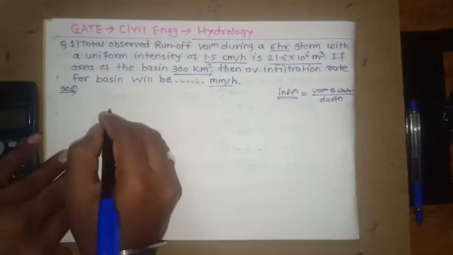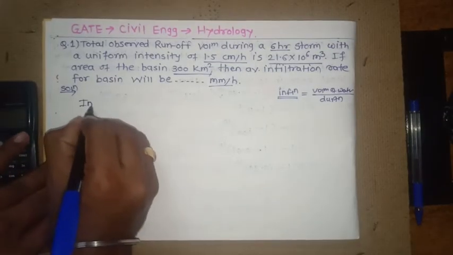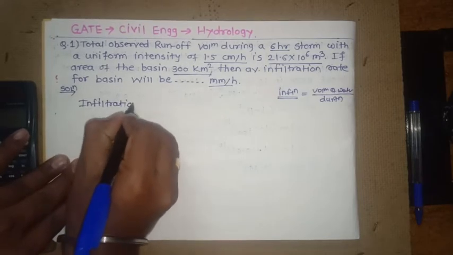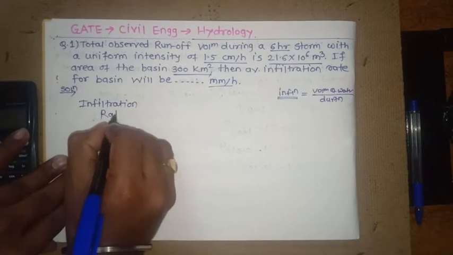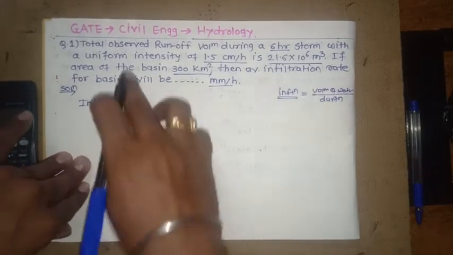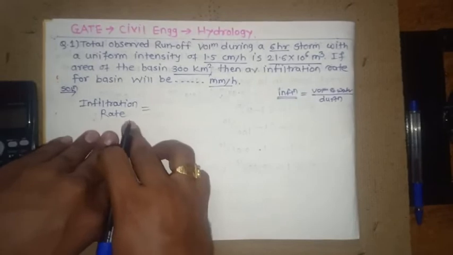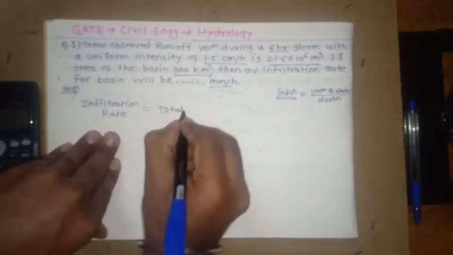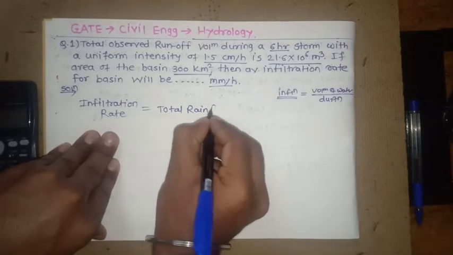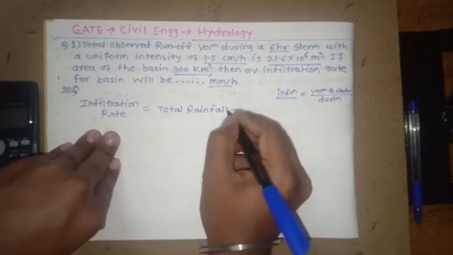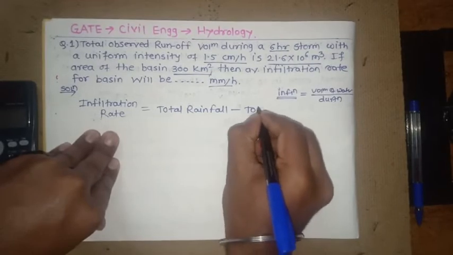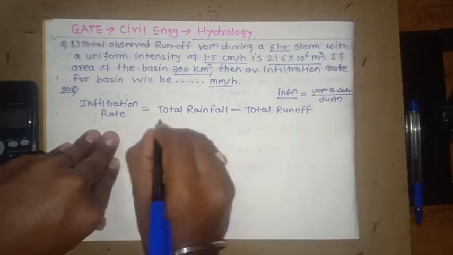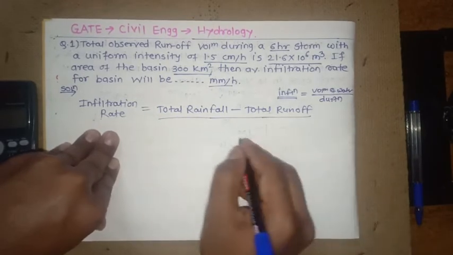write down the formula. The infiltration rate is equal to, now for this case infiltration rate is written as a total rainfall minus total runoff divided by duration.